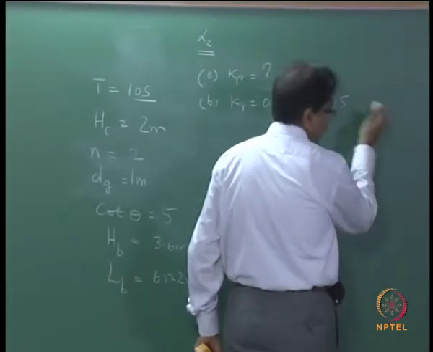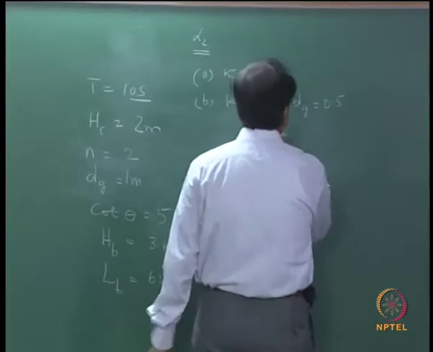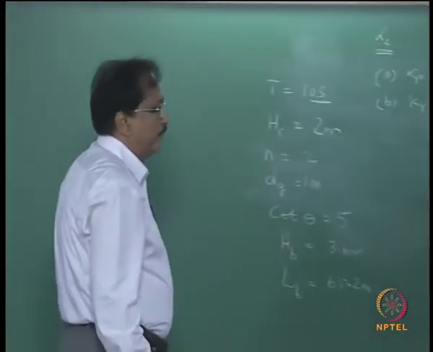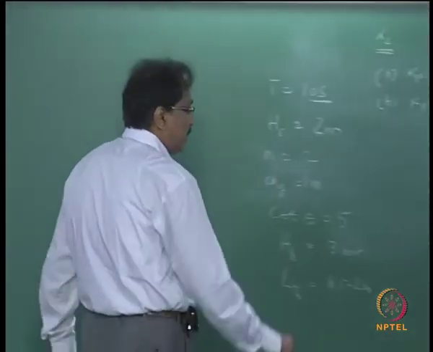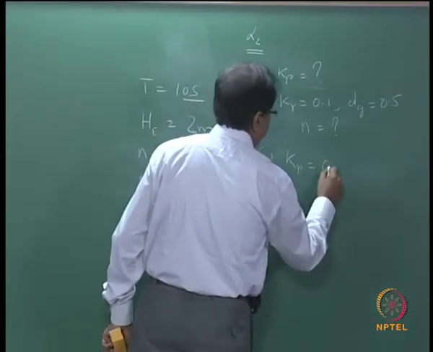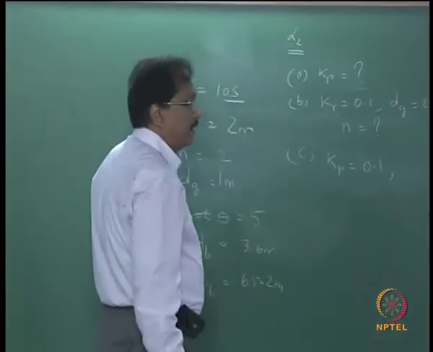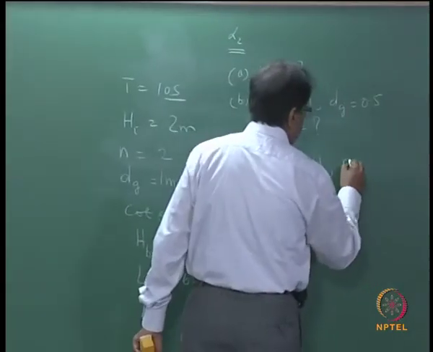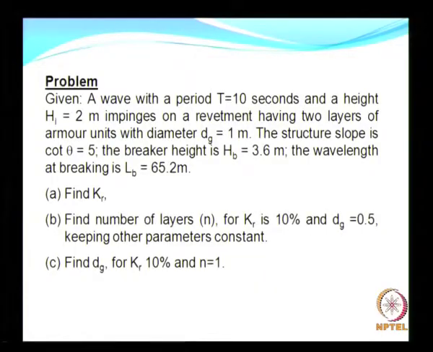With this, all other parameters are the same, so you are supposed to find out n. The third question is, Kr is equal to 0.1, n equal to a single layer. Now you are required to find out dg.